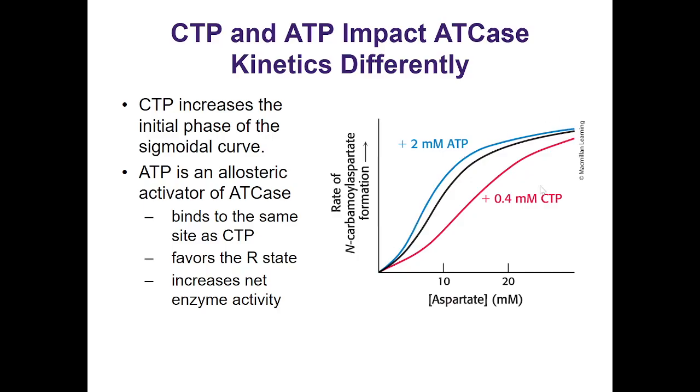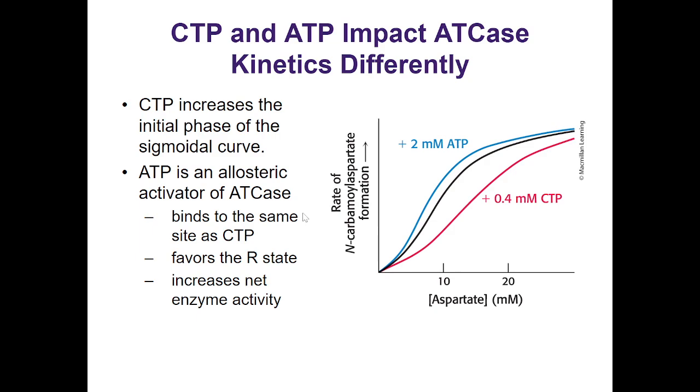Okay. And so the CTP, on the other hand, is an allosteric inhibitor. And so what you see here is that it moves downwards and to the right. This is going to increase that initial phase of our sigmoidal curve, i.e. it happens for longer on the initial phase, and it takes longer to reach the max, right?